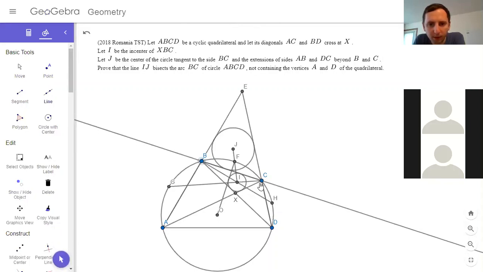So if we sort of extend BC, so angle EBC is equal to angle CBG, right?